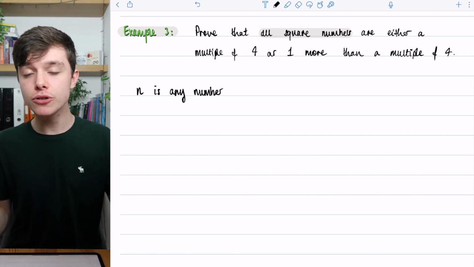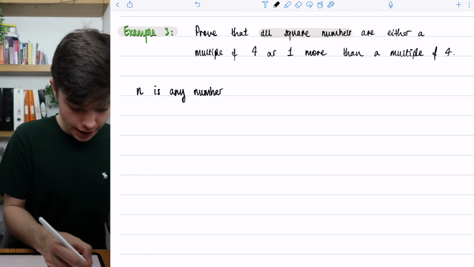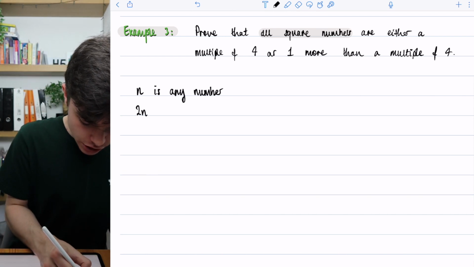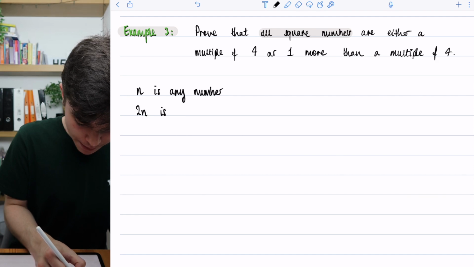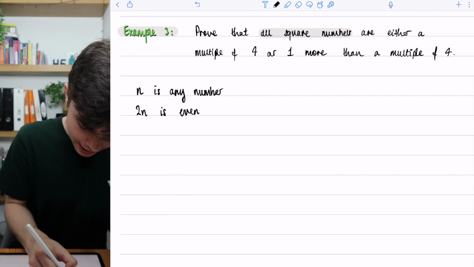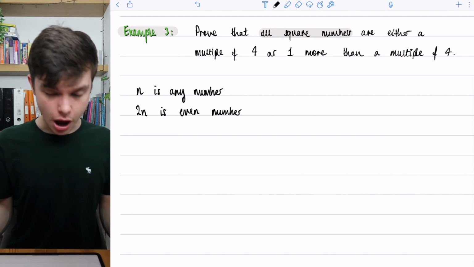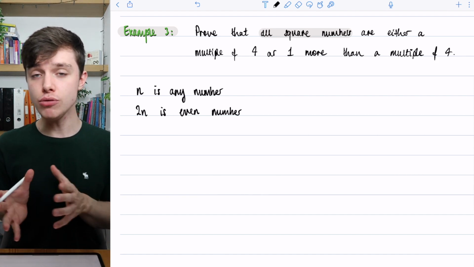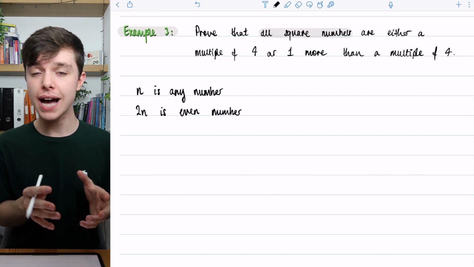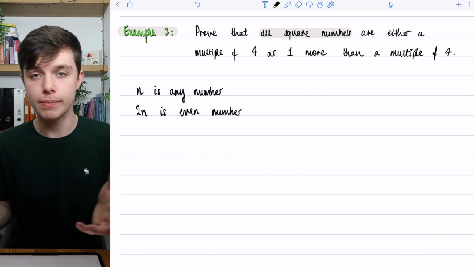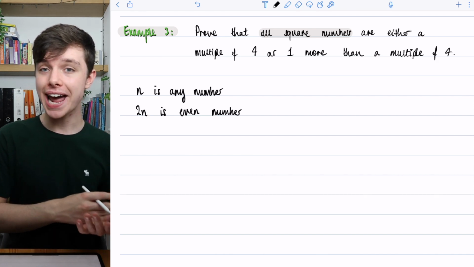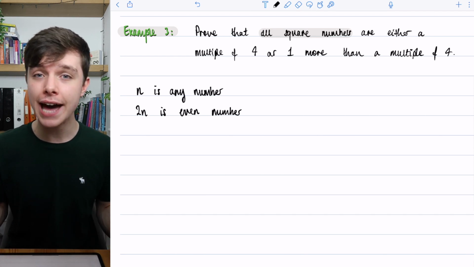Okay? If I multiply n by 2, then we know multiplying it by 2 will make it an even number. So 2n is an even number. So if I add something to that to make it an odd number, I just need to add an odd number, because if I have an even number and I add an odd number to it, I'm going to get an odd number.